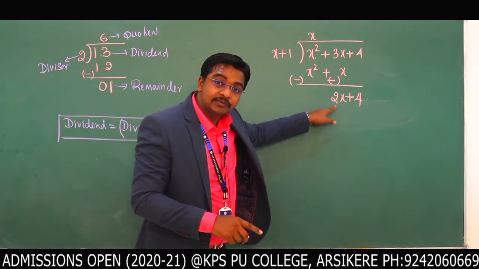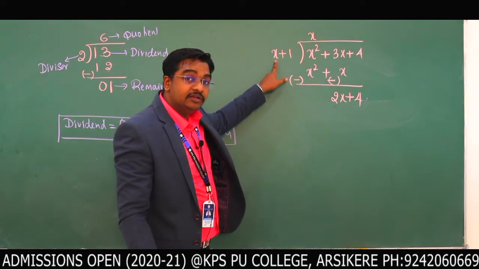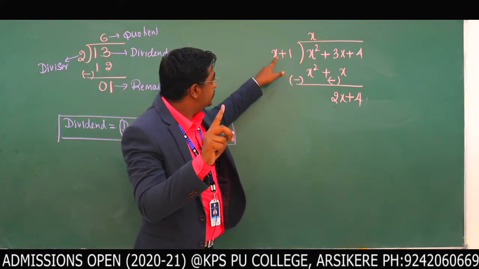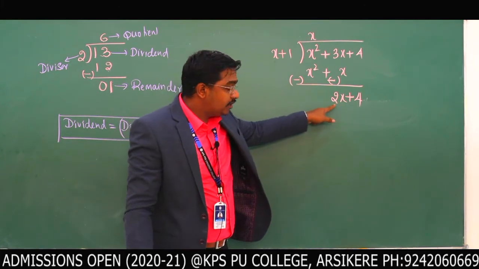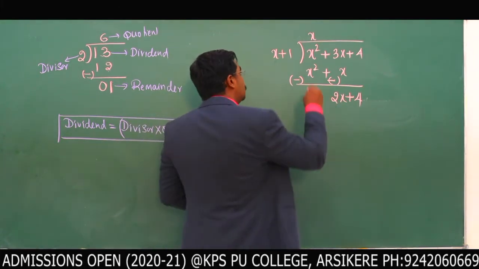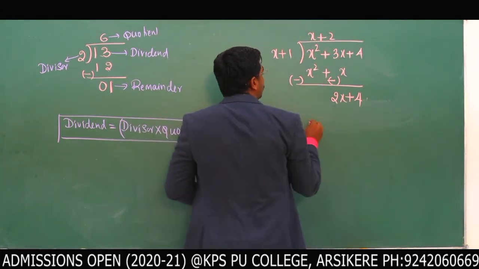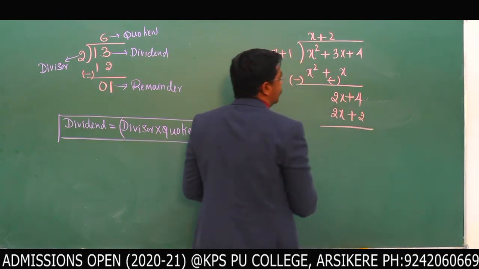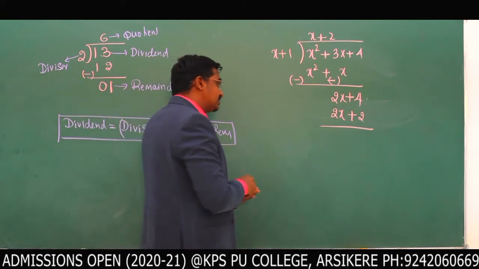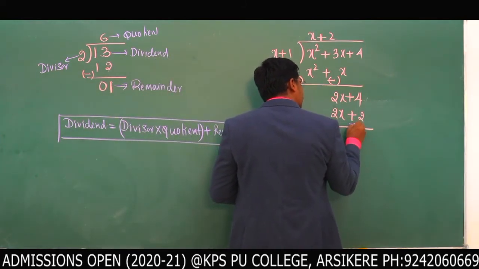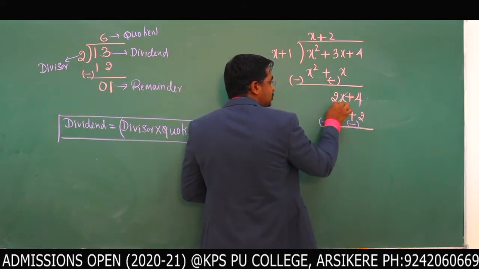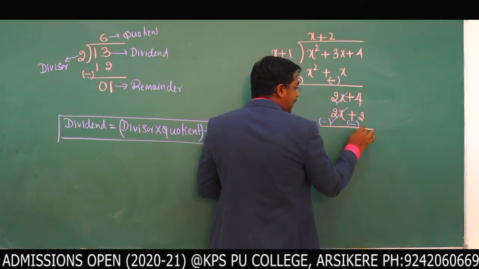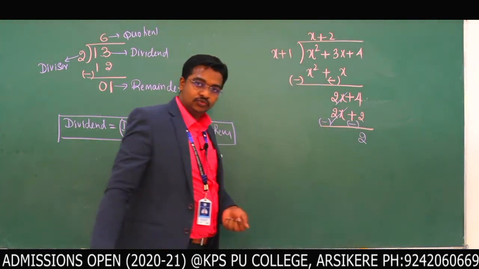To cancel 2x, here we have x, so which term when multiplied with x gives 2x? That term is 2. So x plus 2, 2 into x is 2x plus 2. Now the sign changes, this will be minus, and 2x minus 2x gets cancelled. So 4 minus 2, what do you get there, plus 2.